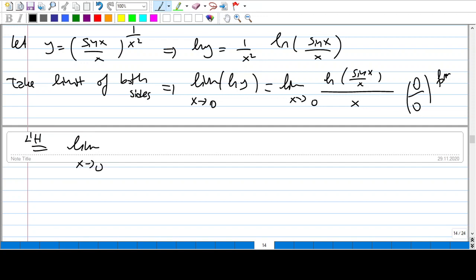Take the derivative of the inside function, sine x over x: the derivative of the first, cosine x, times x, minus the derivative of x, which is 1, times sine x, over x squared, and over itself, sine x over x.